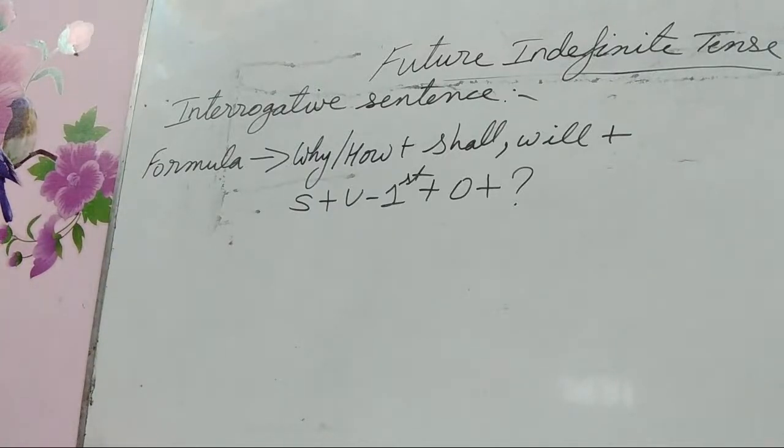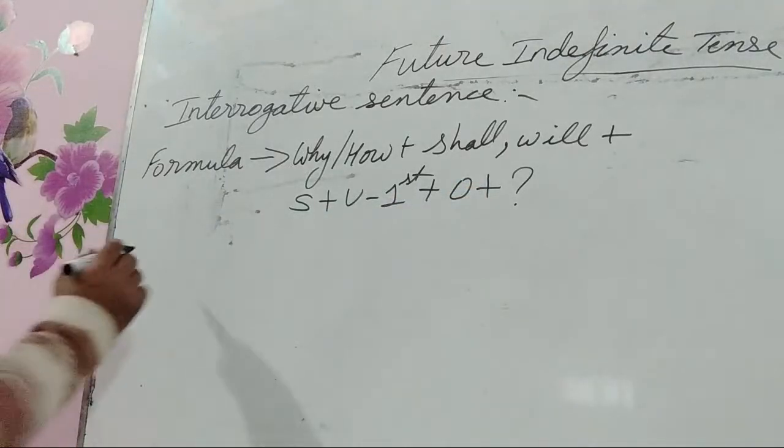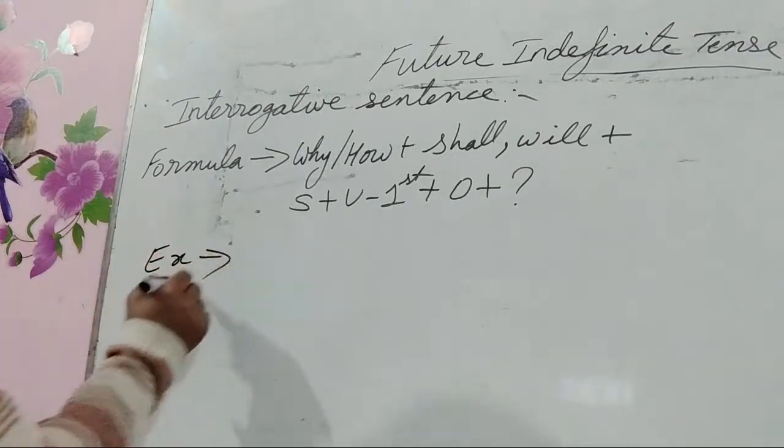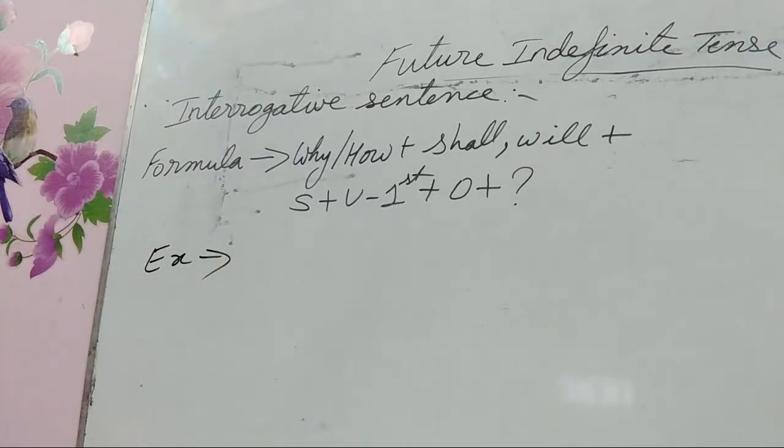We are using a question mark over here because we are going to make the interrogative sentence. In an interrogative sentence we use a question mark, so that's why a question mark is placed over here. Now let's see the example related to the formula of the interrogative sentence in future indefinite tense.